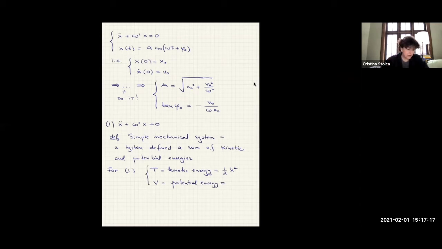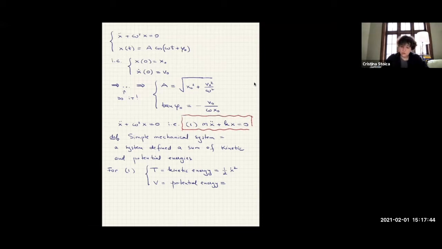Actually, let's write this one in its original form. It was m x double dot plus k x equals 0. That's the one I'm referring to, because that's the mechanical one that comes from the modeling.